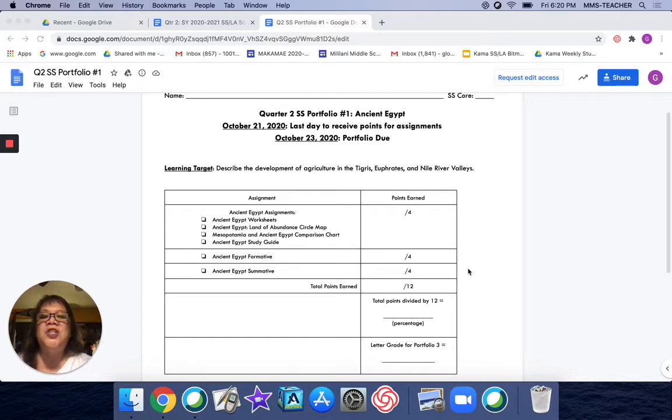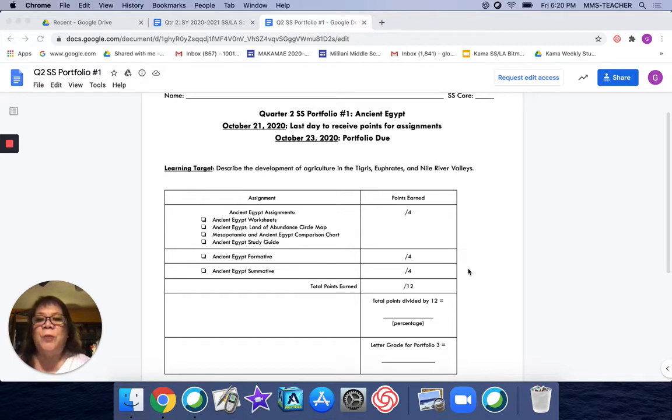You have the Ancient Egypt worksheets, you have the Ancient Egypt Land of Abundance circle map, you have Mesopotamia and Ancient Egypt comparison chart, and you have the Ancient Egypt study guide. So those 4 assignments will be counted under the Ancient Egypt assignment, which is worth 4 points.